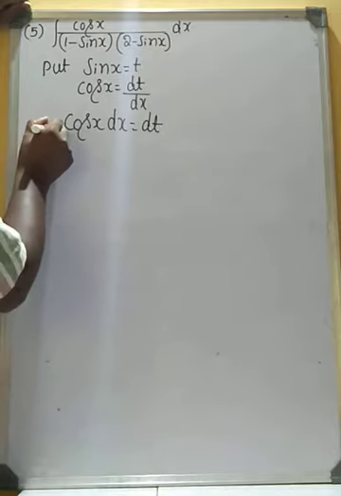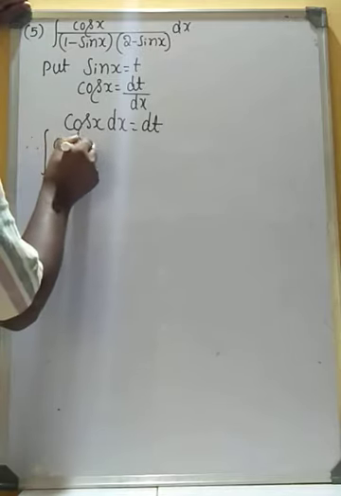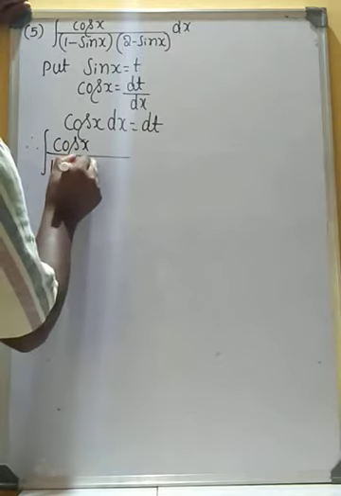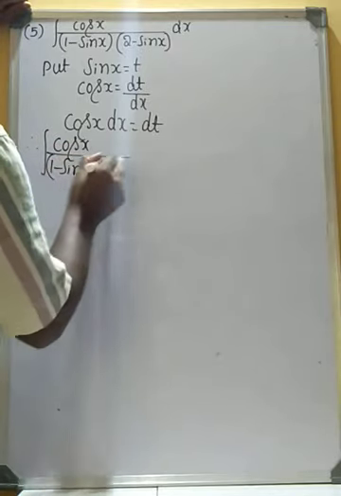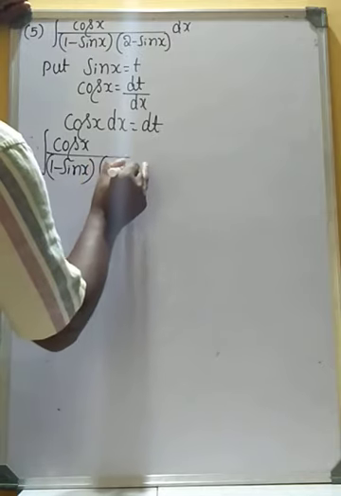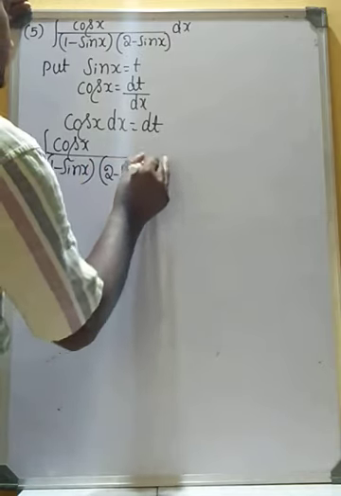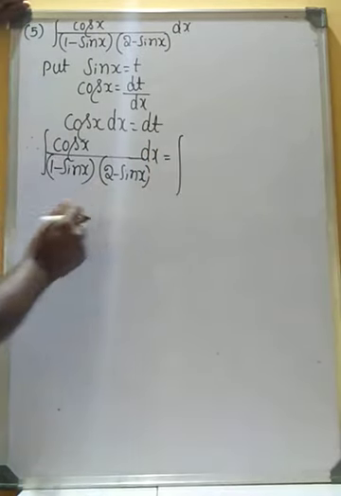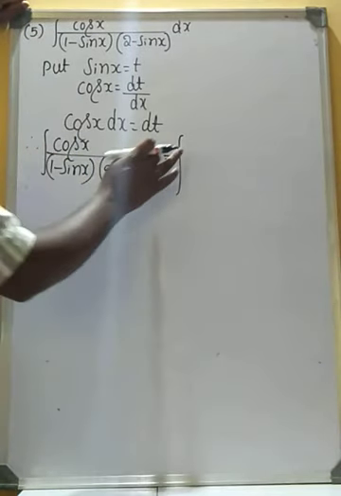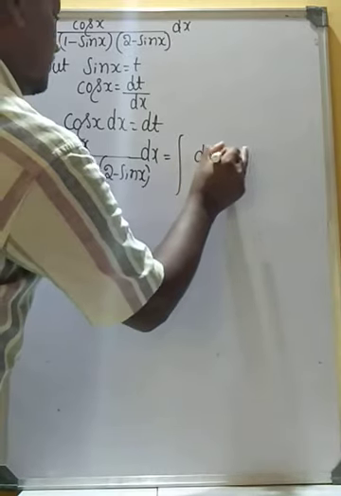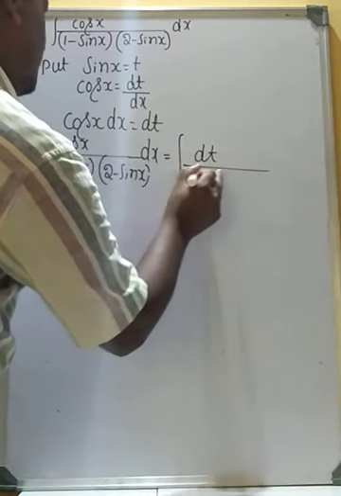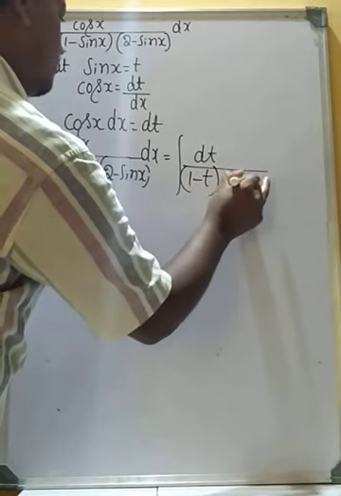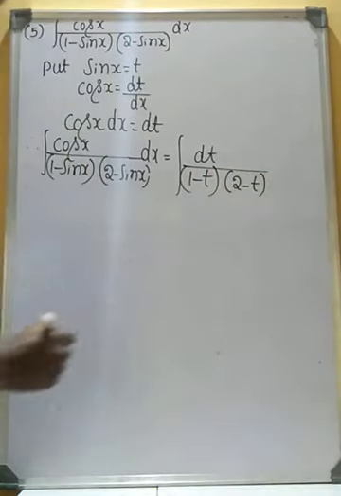Therefore integral of cos x dividing by (1 minus sin x) into (2 minus sin x) into dx equals integral of cos x into dx is dt, dividing by 1 minus sin x is 1 minus t, into 2 minus t.